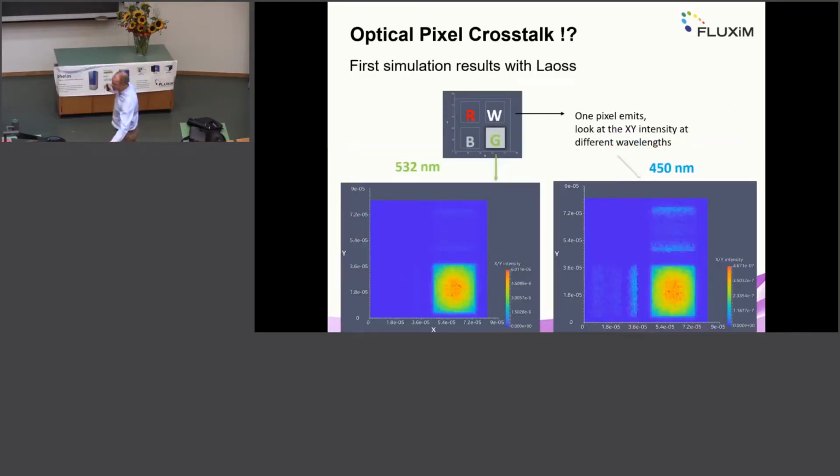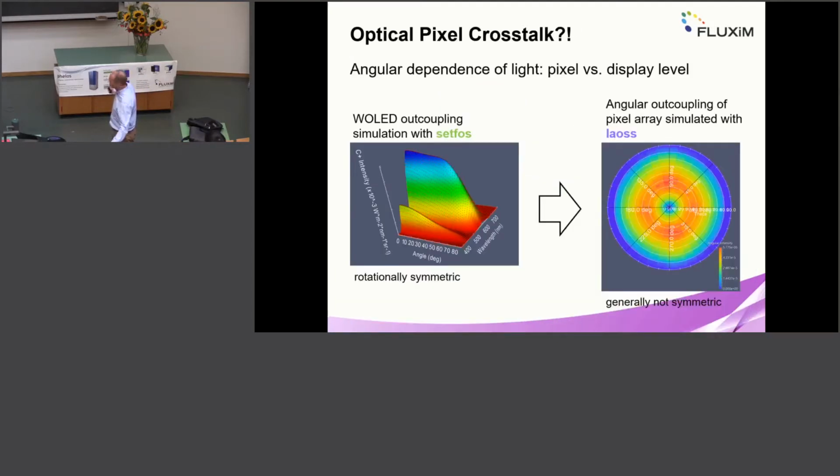One way to plot the result is in this intensity map. Another way is to visualize the angular dependence for a viewer that is placed far away from the display. He will see a polar dependence, but also an azimuth dependence of light intensity.